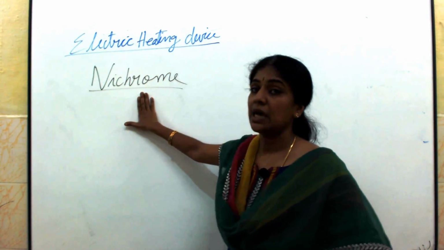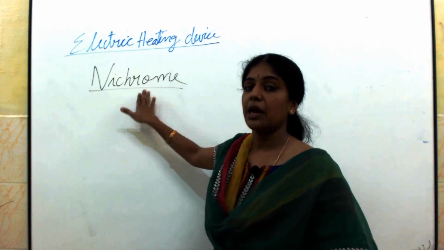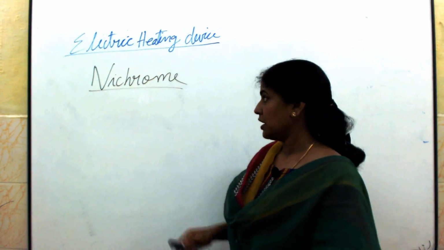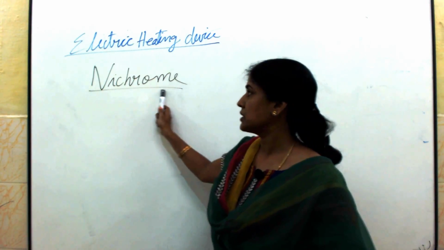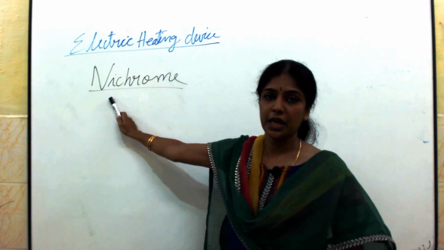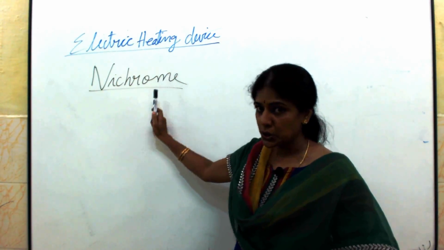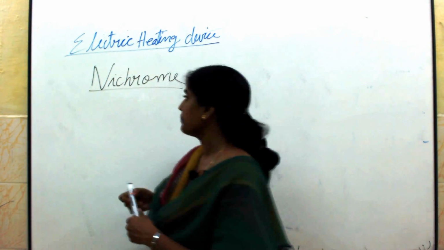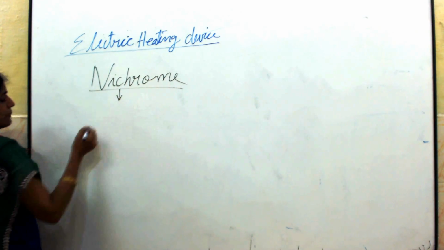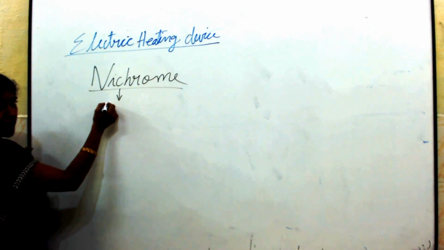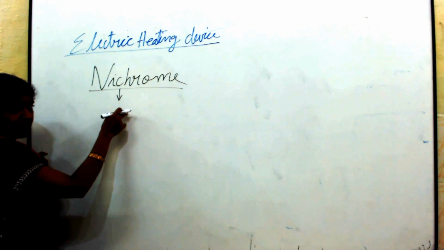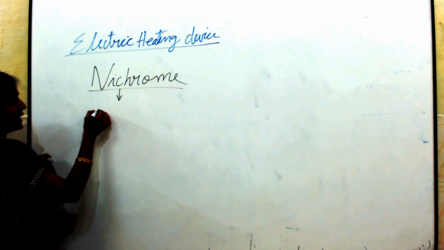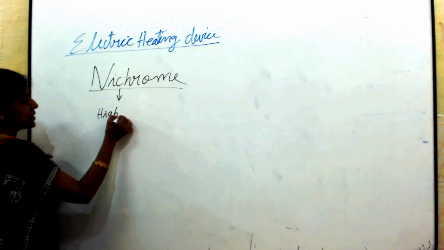Here, in all these heating devices, we are using nichrome as a heating element. Why? Because it has high specific resistance and a high melting point, and it is not easily oxidized. For these properties only we are using nichrome, an alloy of nickel and chromium, as a heating filament in all the heating devices. So this is a very good heating element.